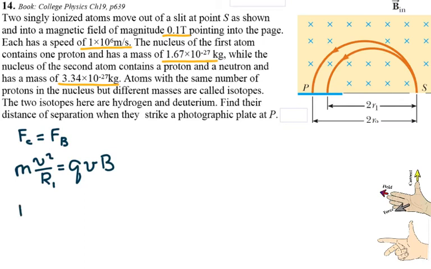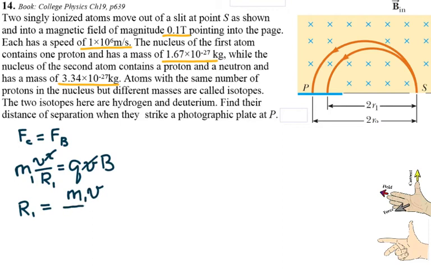So r1 is equal to, and this is the mass of the first one, and the charge is the same for both of them, because one has only a proton and the other one has a proton and a neutron, so both ionized atoms have the same charge.